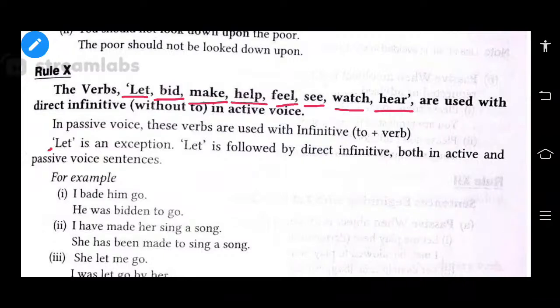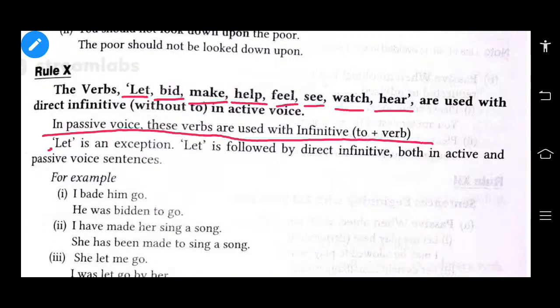So see that. In passive voice, these verbs are used with to infinitive. So here in the active sentence, the non-finite verb was used like a direct infinitive.